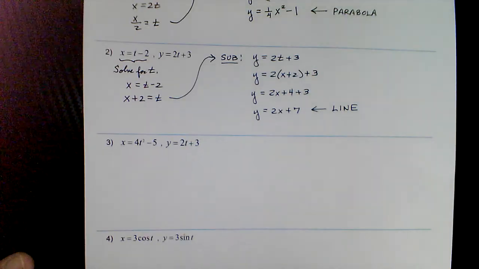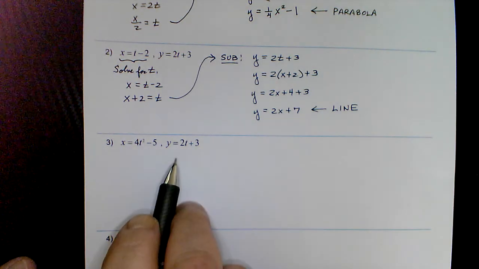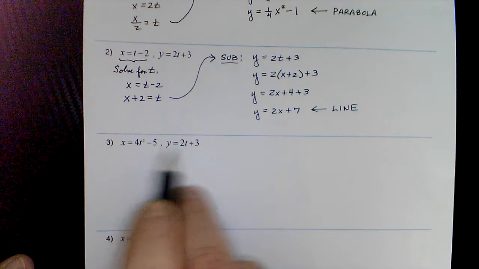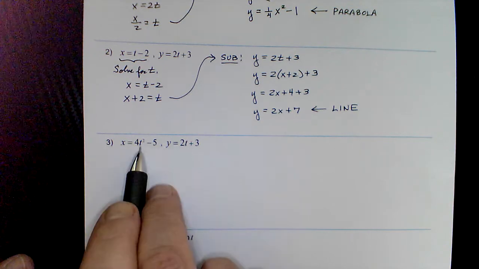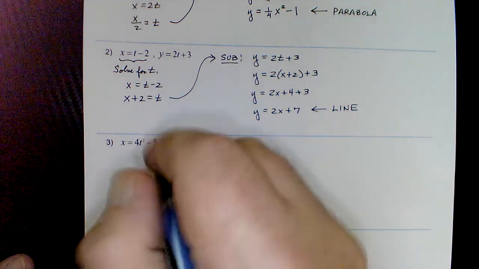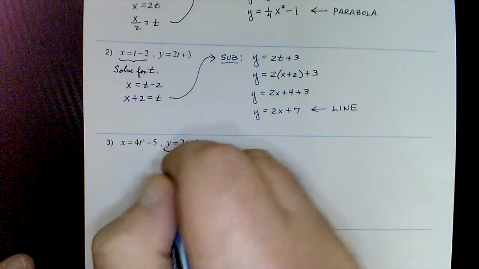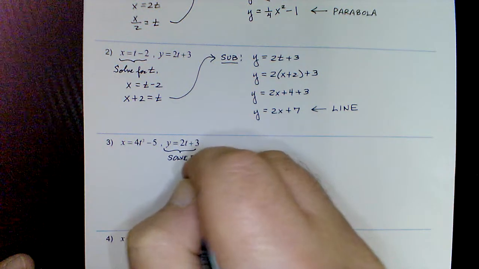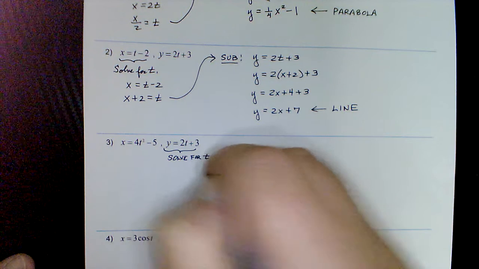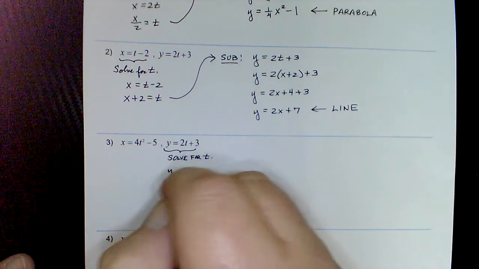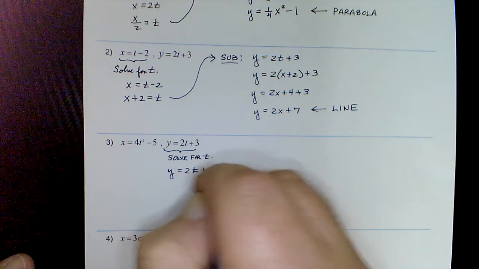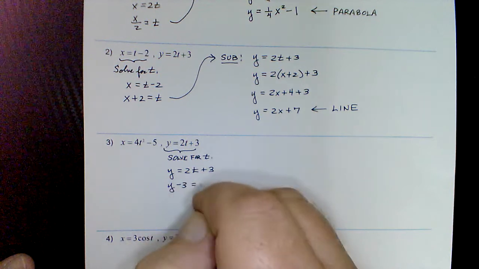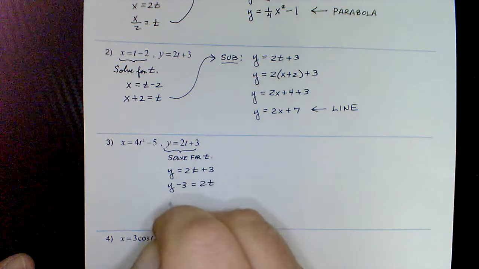Okay, in example 3 here, again, look for the easier one to work with. And because x is quadratic and y is linear, looks like it's going to be easier to solve y for t this time. Okay, so y is 2t plus 3. First transpose the 3. So y minus 3 is 2t. Then divide by 2.